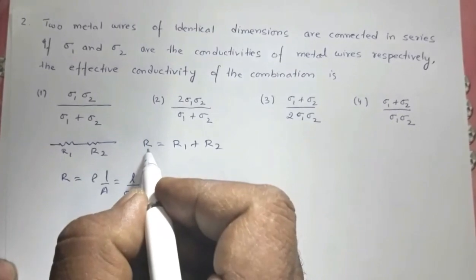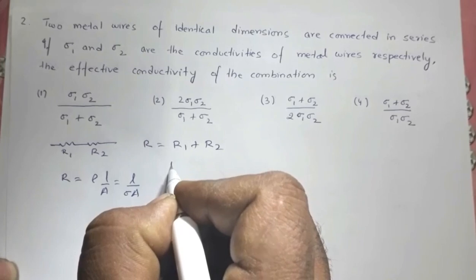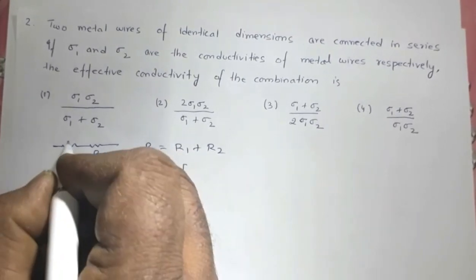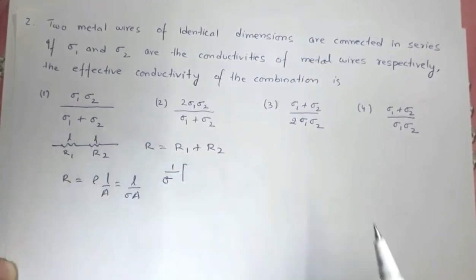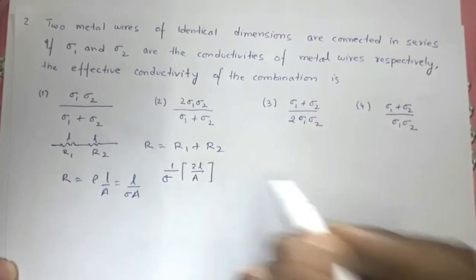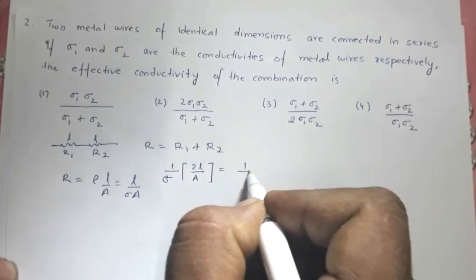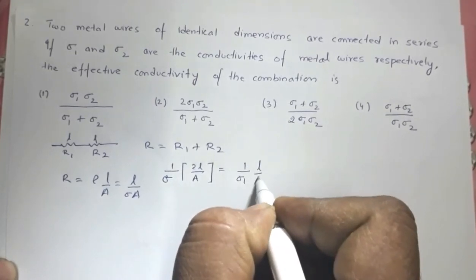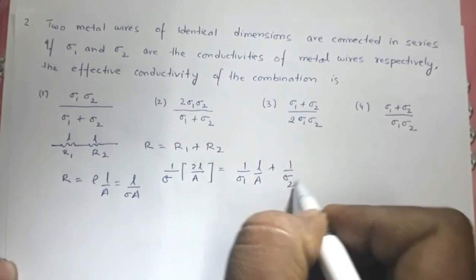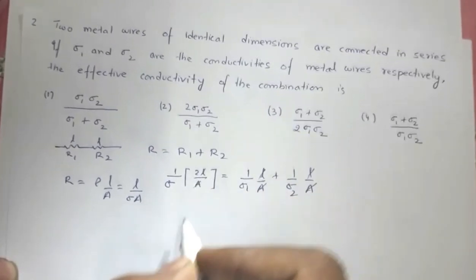So if capital R is the effective resistance of these two wires, it will be 1/sigma times the length, this is L and this is also L, so L + L becomes 2L, divided by A. The cross-sectional area remains the same. So this will be equal to, for R1, 1/sigma 1 times L/A, plus similarly for R2, 1/sigma 2 times L/A. So the L/A terms cancel out.